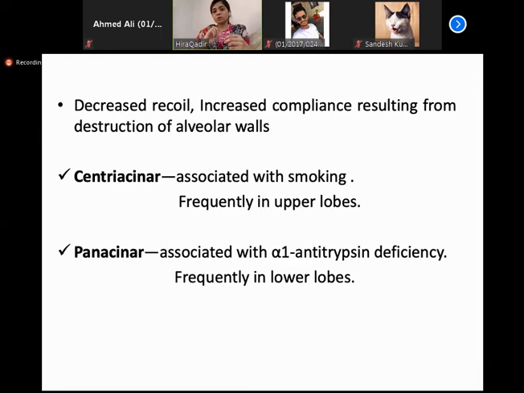When you blow into the balloon, it inflates, and when the air goes out, it goes back to its shape. So compliance means how easily the lung inflates. Decreased recoil means it does not go back to the normal volume. Compliance is increased and recoil is decreased because of destruction of alveolar walls.